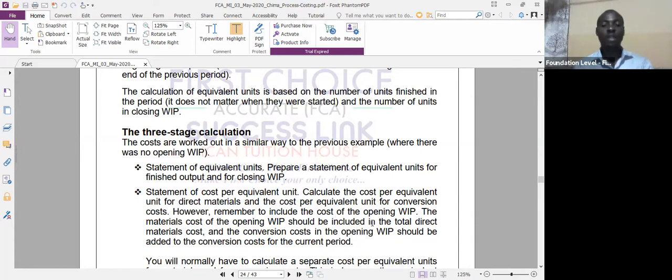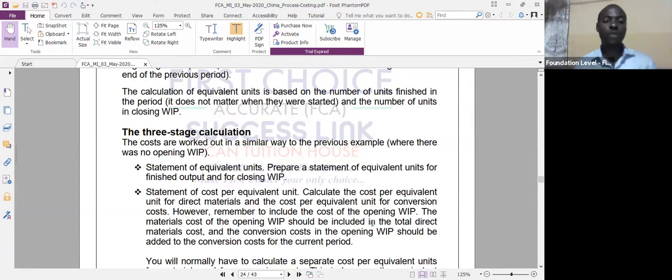Now, the difference between what we did in the closing stock and what we did in the opening stock is that in opening stock, there is what we call the opening work in progress. So we need to include the cost of opening work in progress. It means that the material cost for the opening work in progress should be included in the total direct material cost. And the conversion cost in the opening work in progress should be added to the conversion cost for the period.